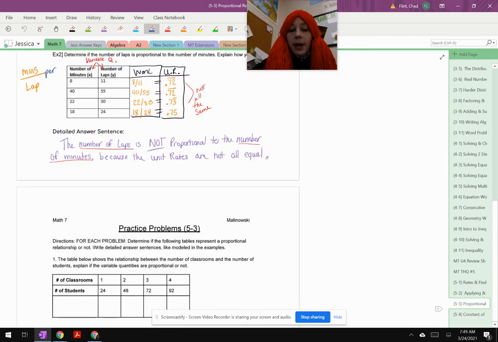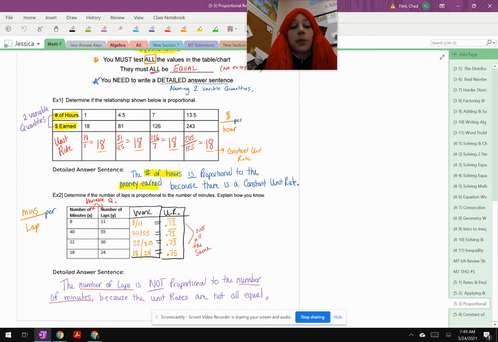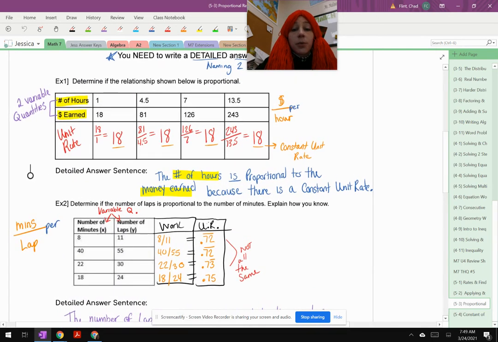So if we jump back to last lesson's examples, in example 1 here, we determined that this was proportional because it had a constant unit rate. So the constant of proportionality here is that $18 per hour, that constant unit rate that we got for each time.